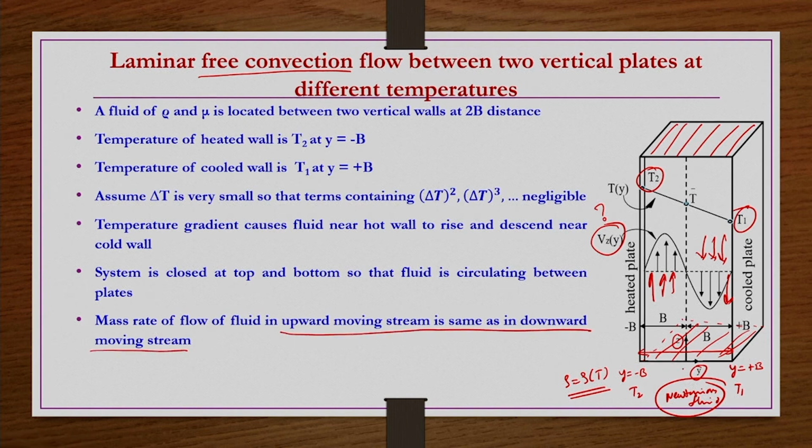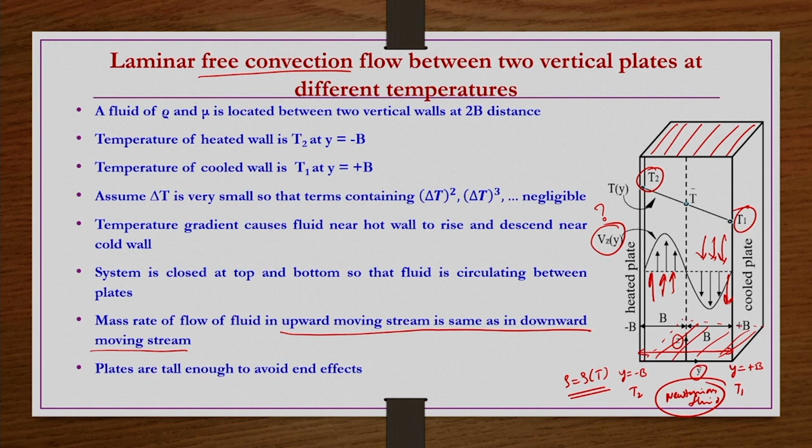That means between y equals minus b and y equals 0 the fluid is rising, and at the same rate it is falling in the region y equals 0 to y equals plus b. Fluid rising rate equals fluid falling rate in this system.